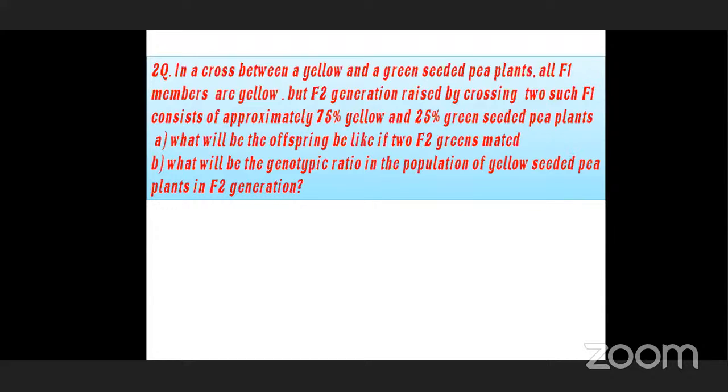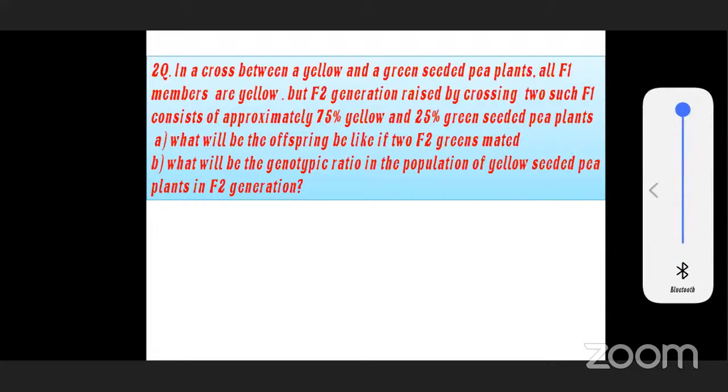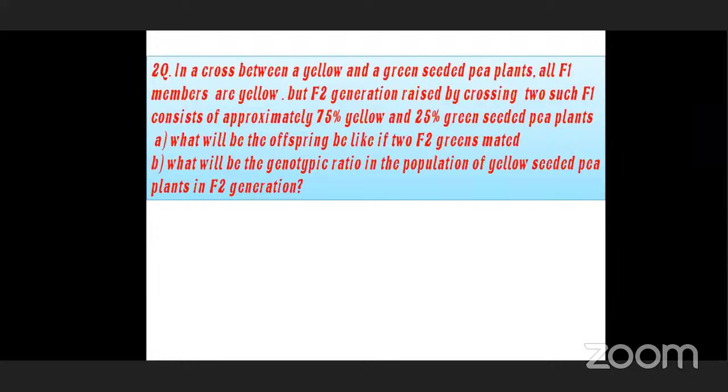The question is: in a cross between a yellow and a green seeded pea plant, all F1 members are yellow, but the F2 generation raised by crossing two such F1 consists of approximately 75% yellow and 25% green seeded pea plants. From this sentence, he gave two questions. What will the offsprings be like if two F2 greens are mated? This is the first question.